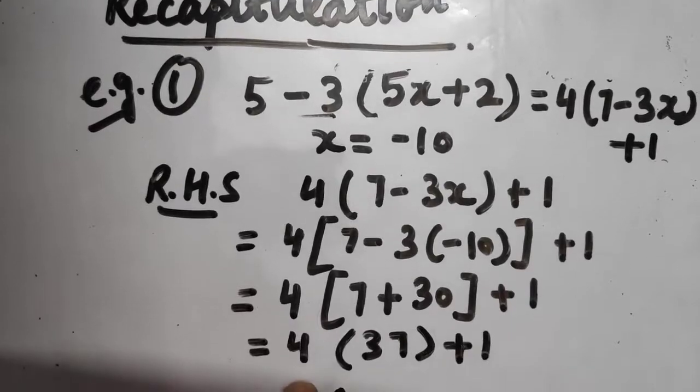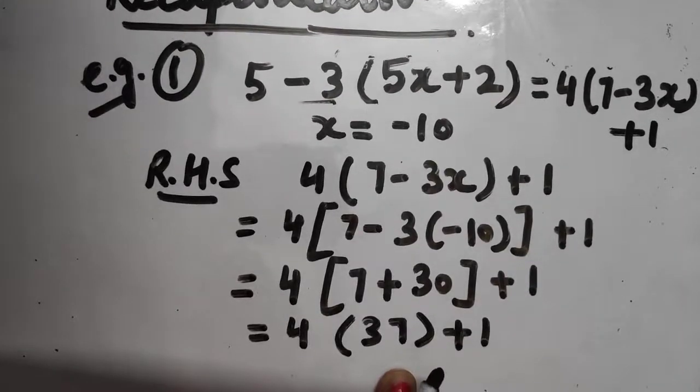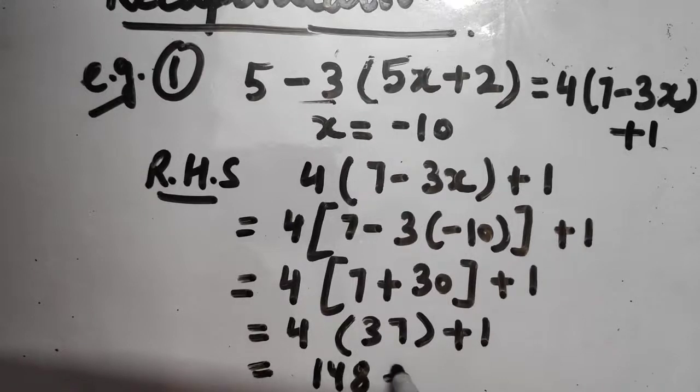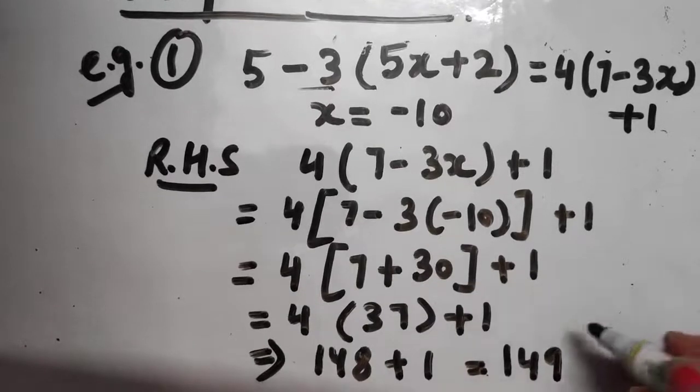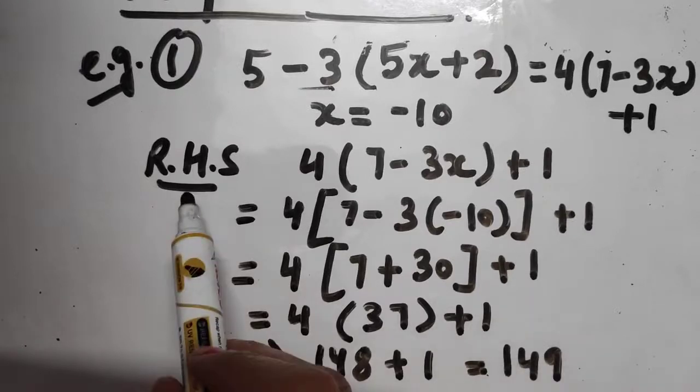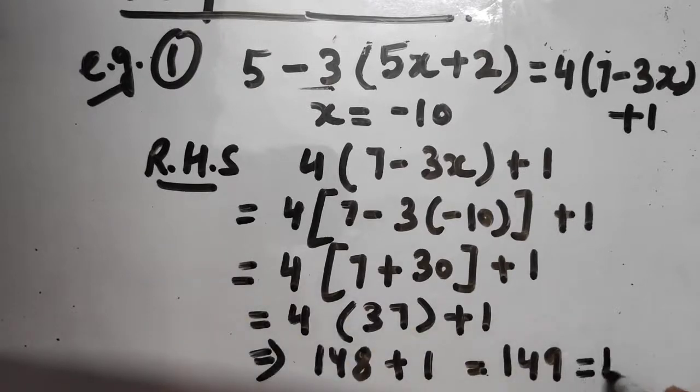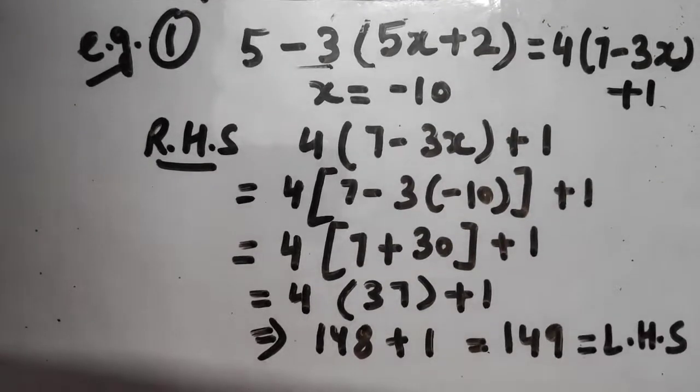So I need to multiply this 4 by 37, and that will be equal to 148 plus 1, and finally I am getting the answer as 149. So dear children, you have seen that 149 is the answer after solving the right hand side. So left hand side is equal to right hand side, hence verification is done, hence verified.